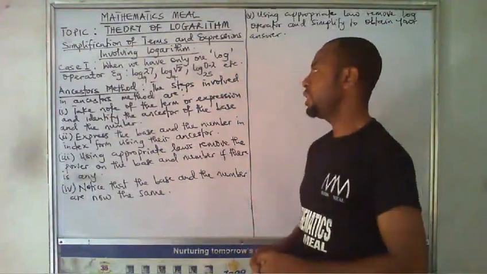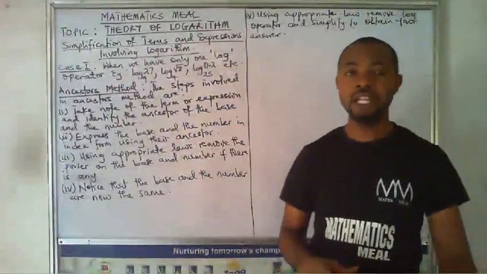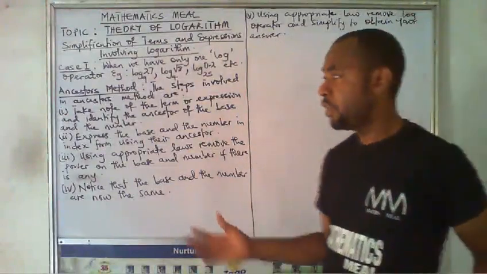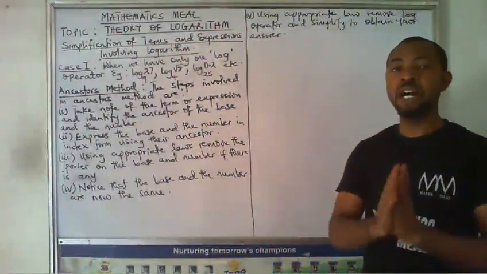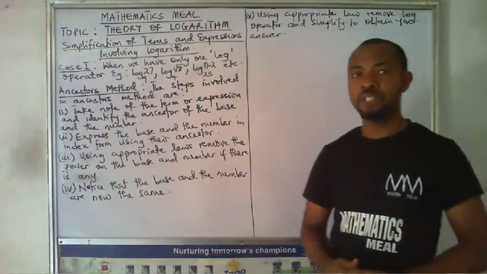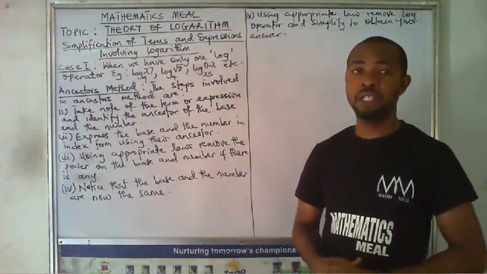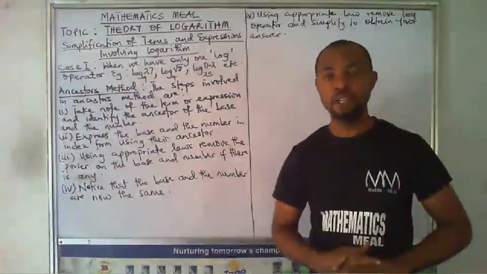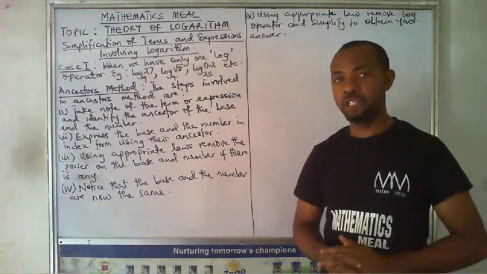Now, we also said that there are 3 different cases in the simplification of terms and expressions involving logarithm. And we are still on case 1, which is the case when we have just one log operator. There are other 2 cases which we are going to consider subsequently. That's the case when we have many log operators and also when we have division of logarithm.